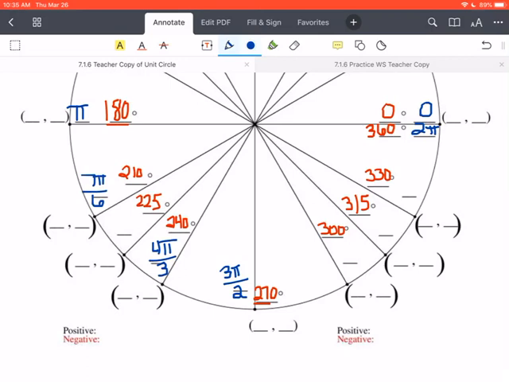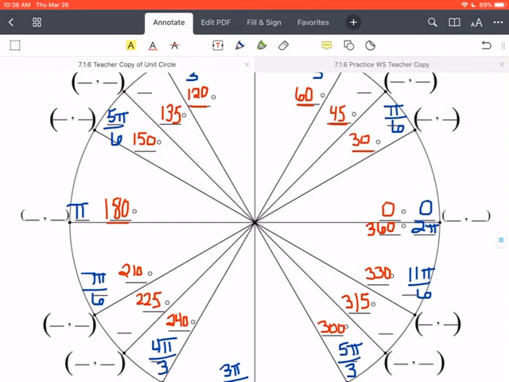Then we have 10 pi over 6, which is 5 pi over 3. And then 11 pi over 6. Then what would we have next? 12 pi over 6, which reduces to 2 pi. That is a full circle.